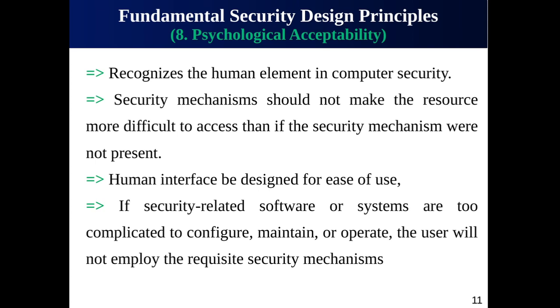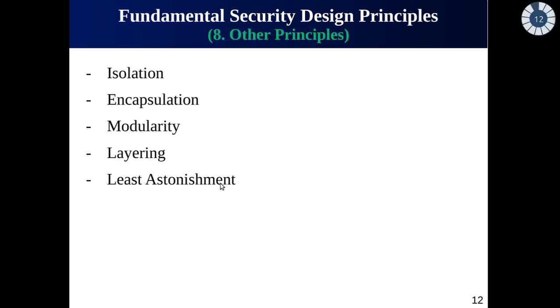Besides these eight basic or fundamental security design principles, we also have some other design principles that were introduced into the model, like isolation. Isolation means that public access systems should be isolated from critical resources like data, processes, etc. in order to prevent attacks on the system.